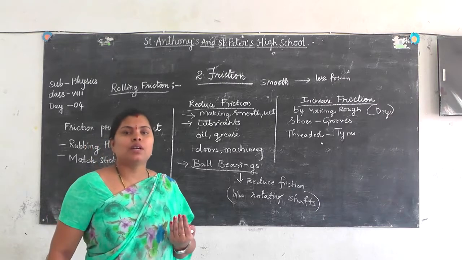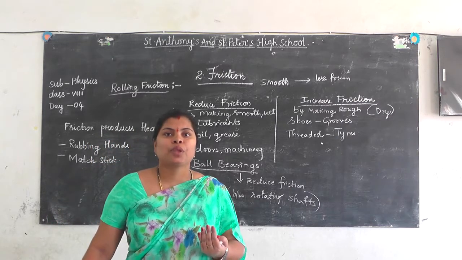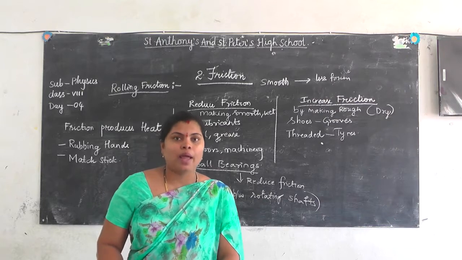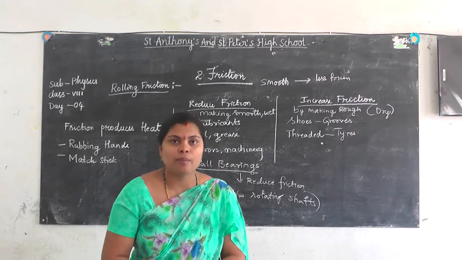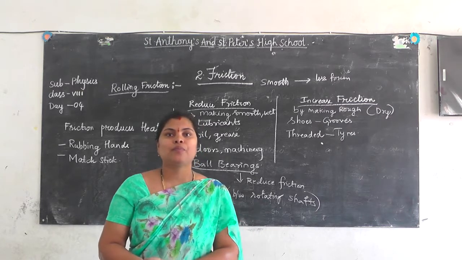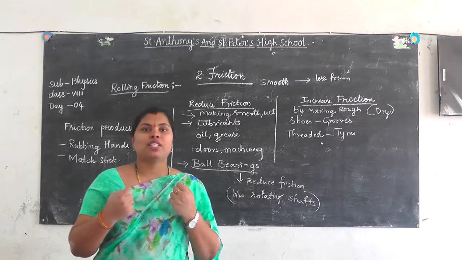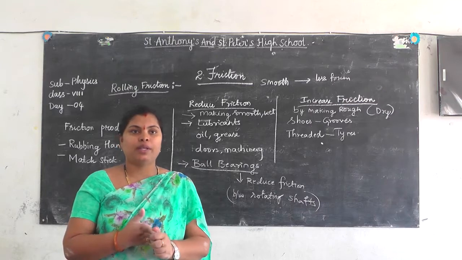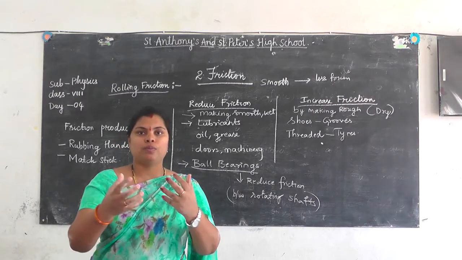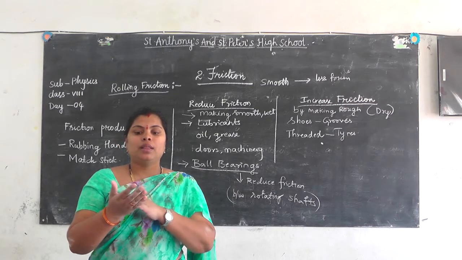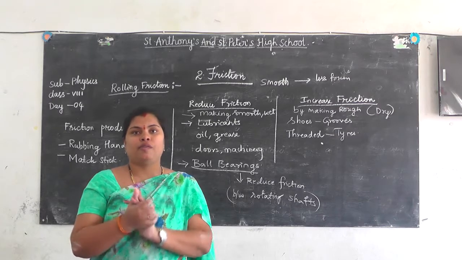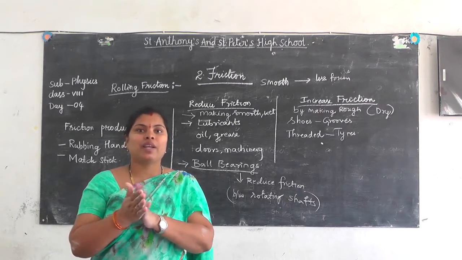Did you ever observe the kabaddi players in the ground? They touch the mud and they rub their hands. That is because of the sweat, their hands become wet, and when they try to catch the person, there is a chance of slipping off because of the wetness or sweat.